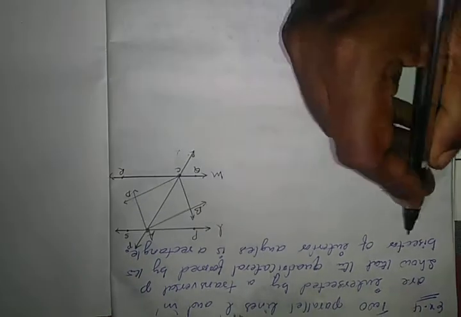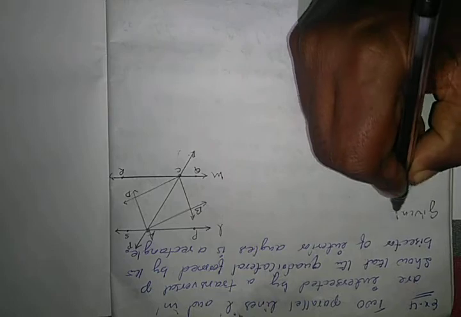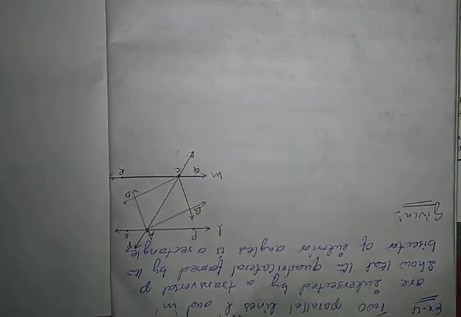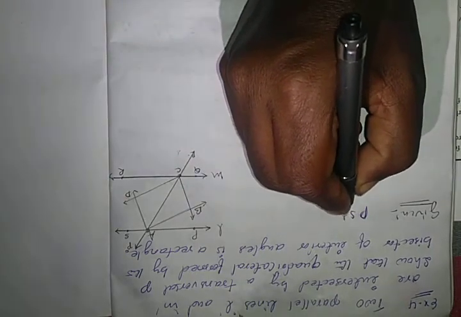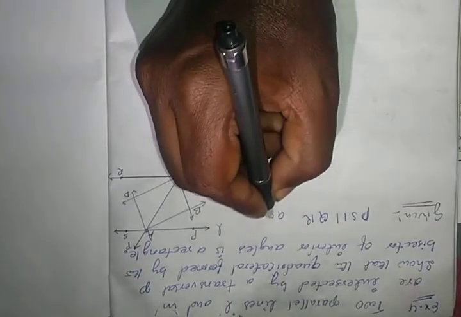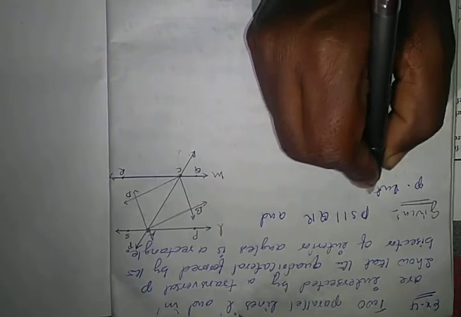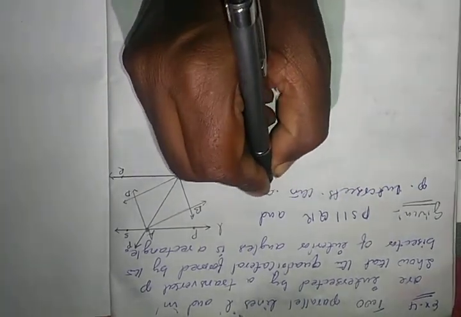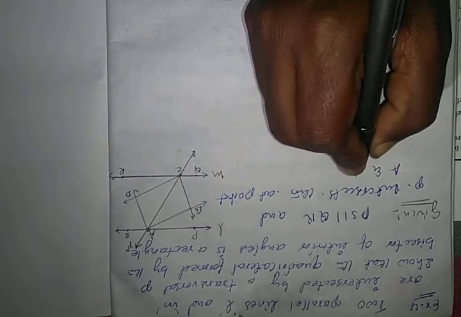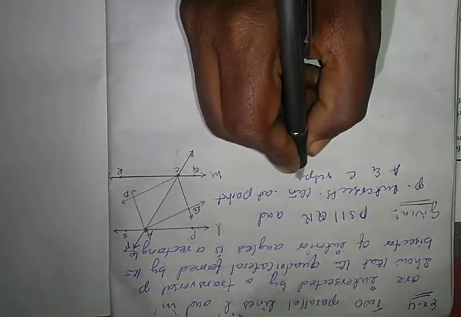First we have to write the given. It is given that PS is parallel to QR, and the transversal P intersects them at points A and C respectively.